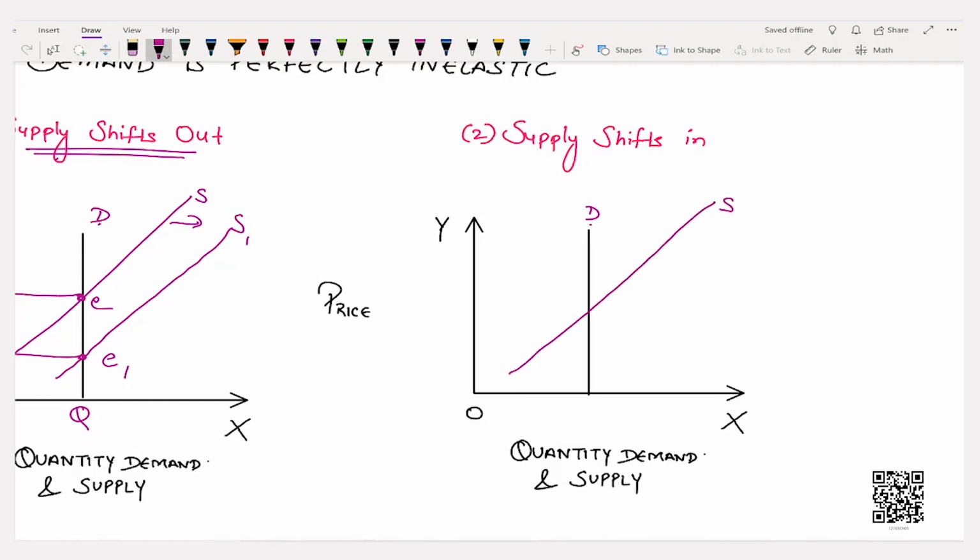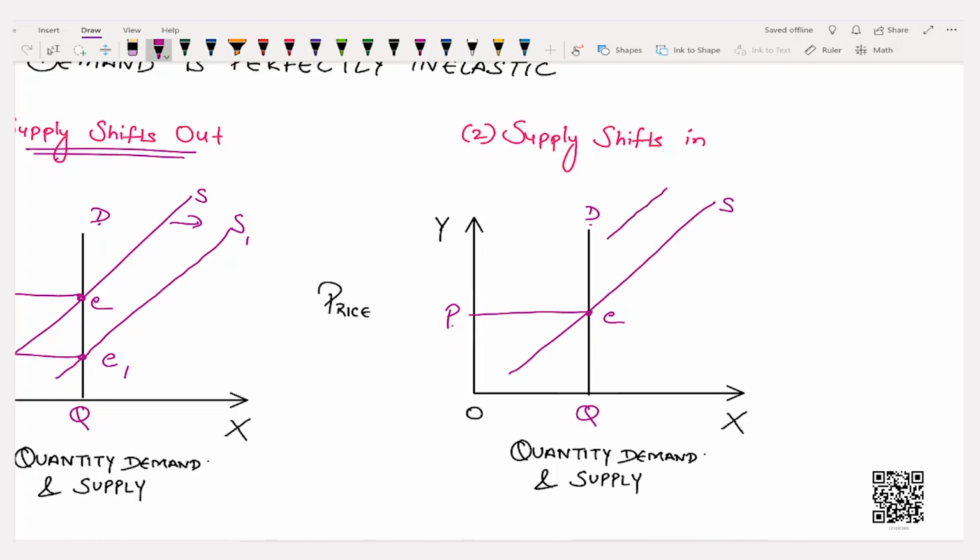In the second case, we have to shift the supply curve in. So let's draw the original supply curve which will intersect the demand curve at point E, which is our equilibrium point. So our equilibrium price is OP and equilibrium quantity is OQ. Shifting our supply curve in means shifting our supply curve leftwards from S to S1.